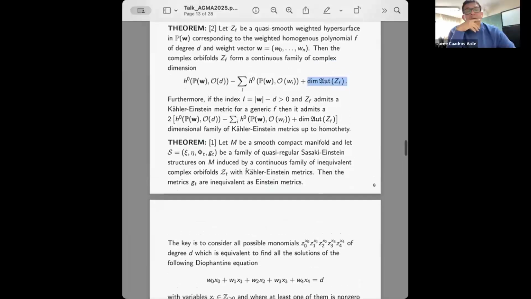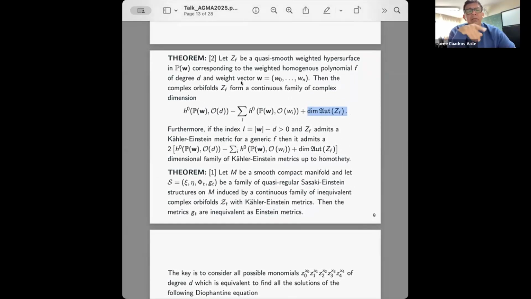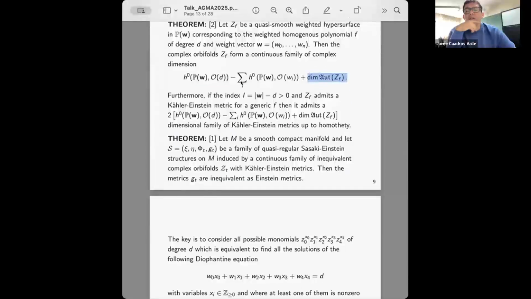But the next theorem, by the way, the first theorem was proven by Boyer, Galicki, and Kollár in a paper in 2005. And the other theorem was also proved by Boyer and Galicki in 2008, I believe.